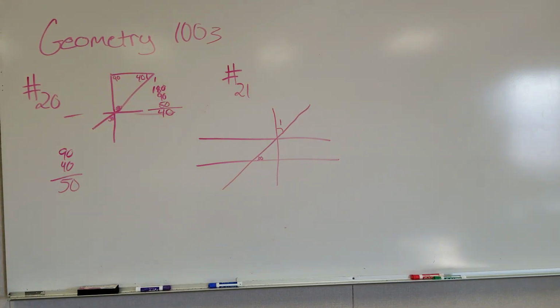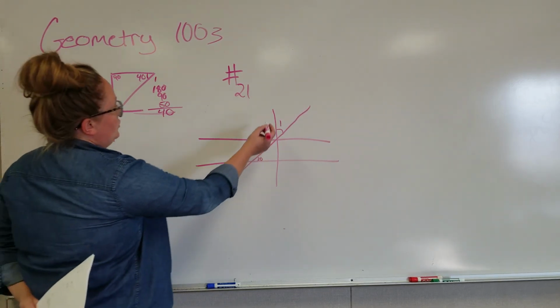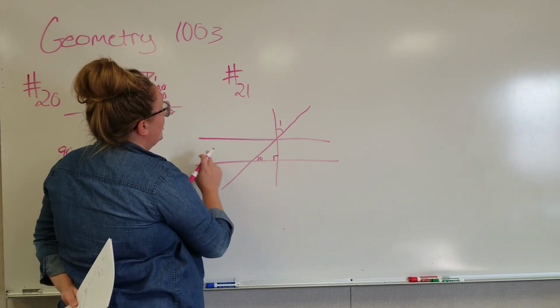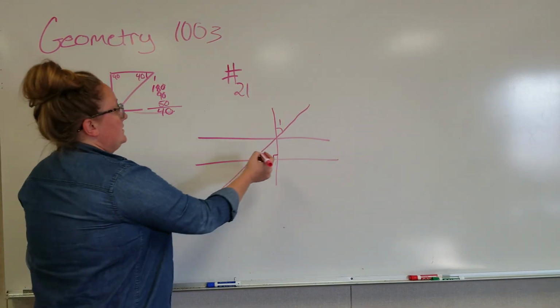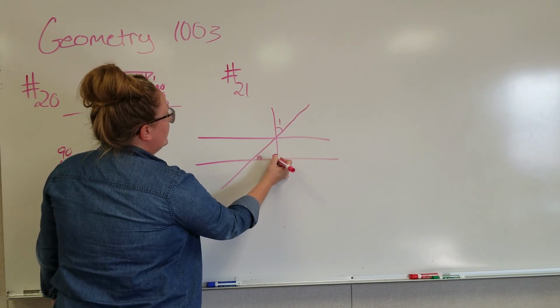And again, on problem number 21, I want you to find the measure of angle 1. They say, assume the transversal is perpendicular to N. So they tell you, assume that this line right here is perpendicular. And they also tell you that L and M are parallel. So they say assume it's perpendicular, which gives us a right angle right here, 90.